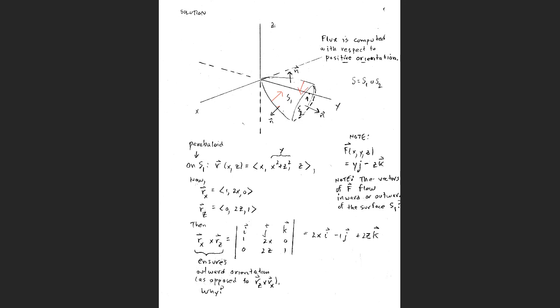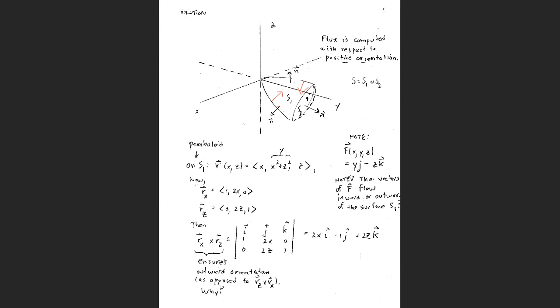Would they be positive or negative? Those two red vectors I drew are going inward. Are their y components positive or negative? They're positive. That's right, Ellie. And it doesn't matter where I draw them on the surface.